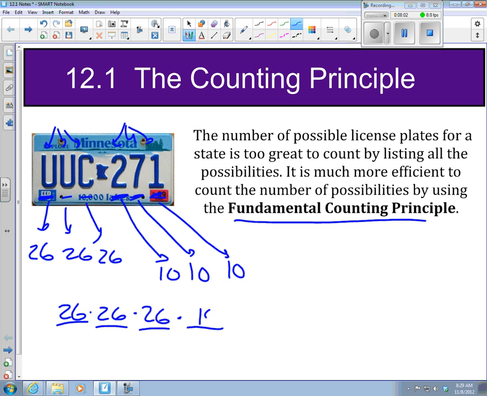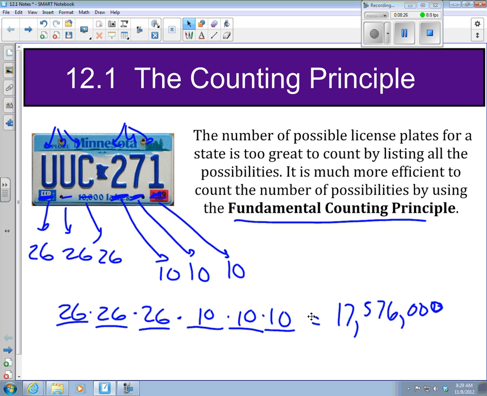This is going to be 10 times 10, and finally the last number would also be 10. If you multiply these all up, the total number of possible outcomes would be 17,576,000 different license plates that you could possibly come up with in the state of Minnesota.